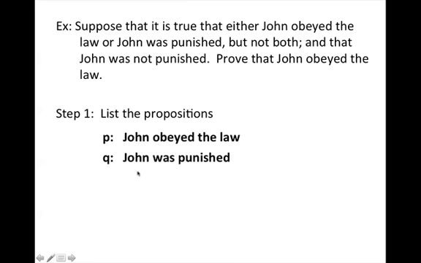So I'm going to let Q be my John was punished. Then I have John was not punished. Well, since I already have a John was punished, I can skip that one. And then I want to prove John obeyed the law. I've already mentioned John obeyed the law, so I only have a P and a Q in this one. This one does not have an R.